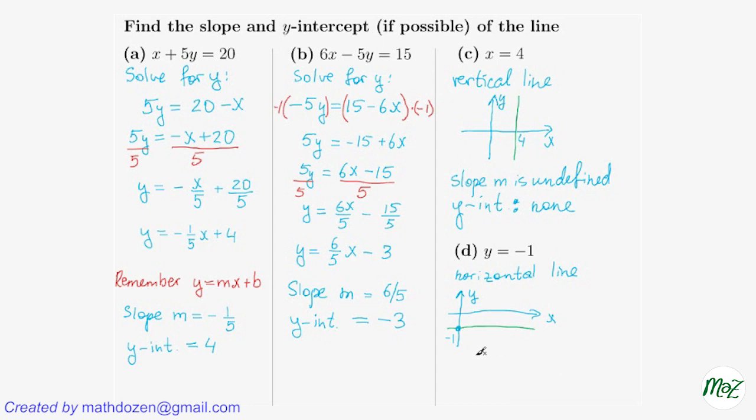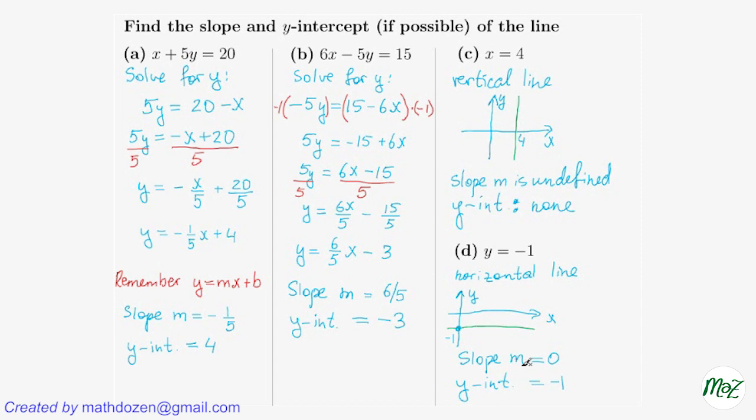What is remarkable about horizontal lines? They have zero slope, and their y-intercept is right in front of you, it's negative 1.